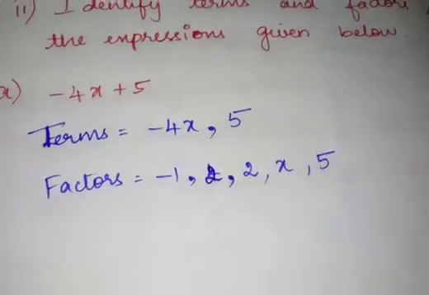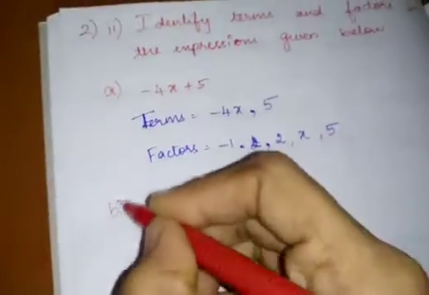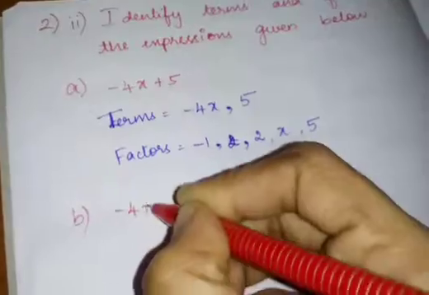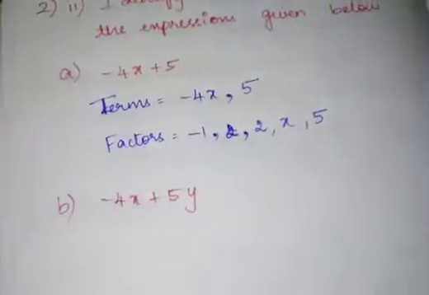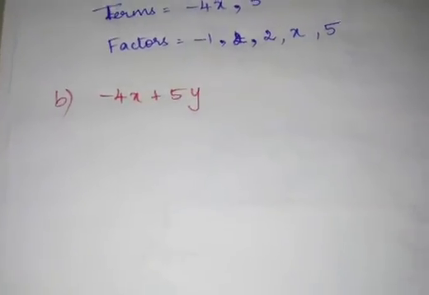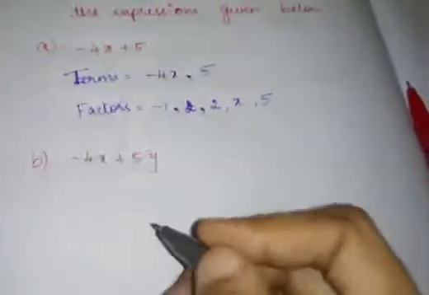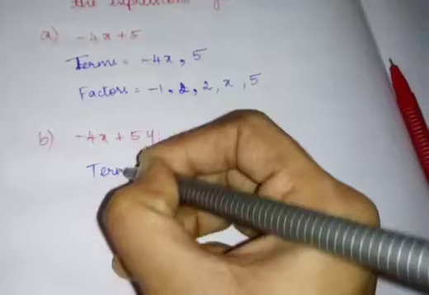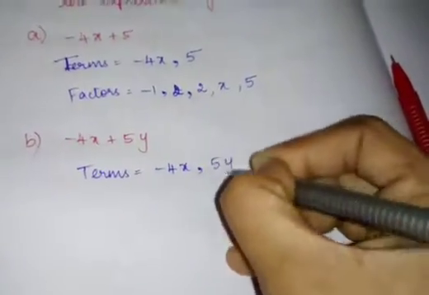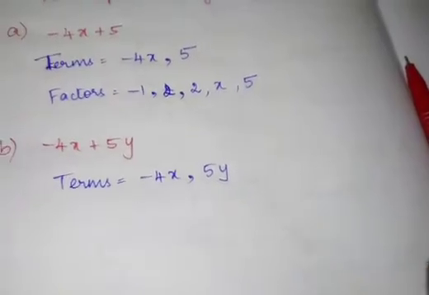Okay. Next is your B problem. What is your B problem, children? Minus 4x plus 5y. How many terms are there in this expression? 2 terms, right? So terms are minus 4x comma 5y.